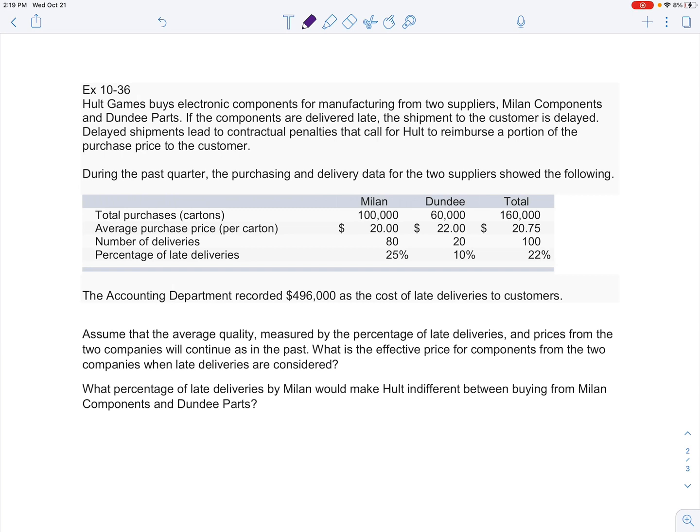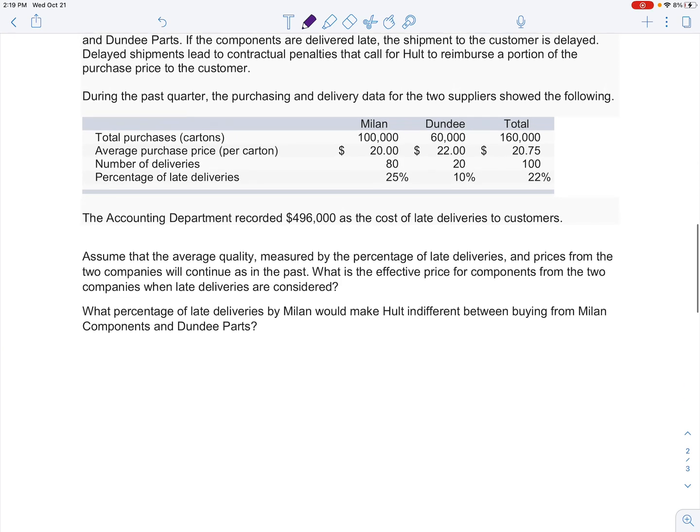So they buy electronic components and they have two different manufacturers. If the components are delivered late, the shipment to the customer is delayed, which ends up costing us some money. It gives us some key pieces of information and also some additional information that we might not need, but the point is that you pull out the information that you need.